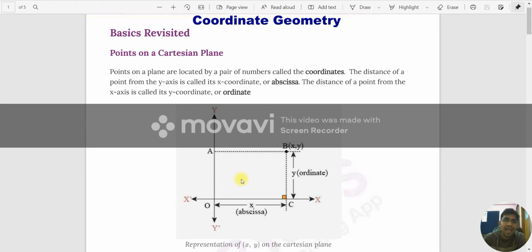So first of all, as you learned in the previous classes, the number line chapter you learned in class 3rd, 4th, 5th, 6th, 7th, all classes, the number line you know. So tell me, if you want to mark the point 2 on the number line, what do you do?